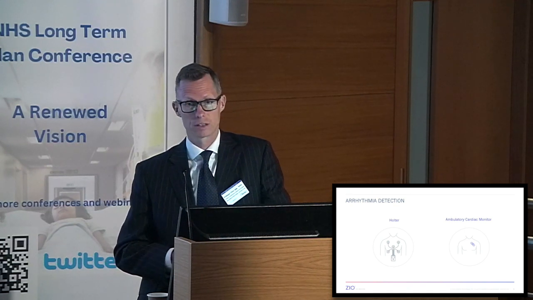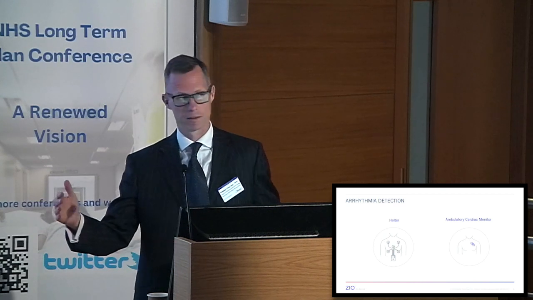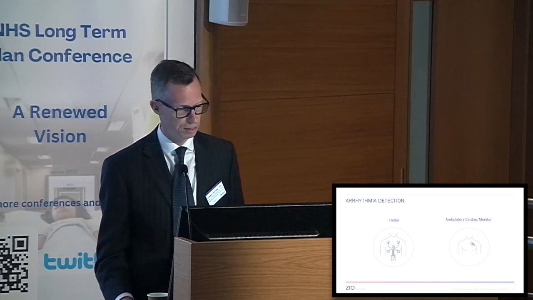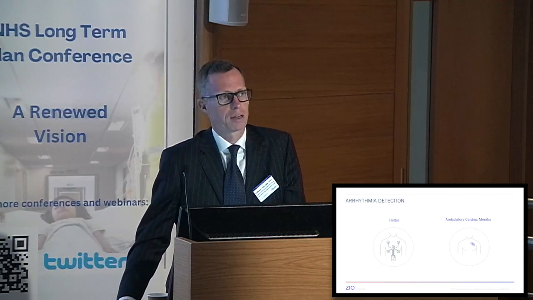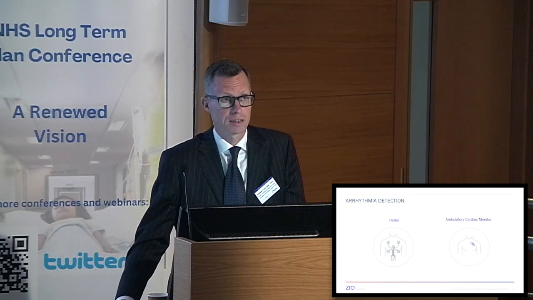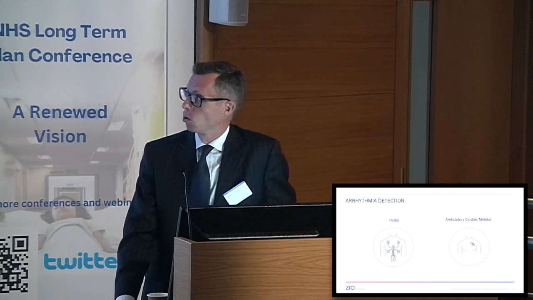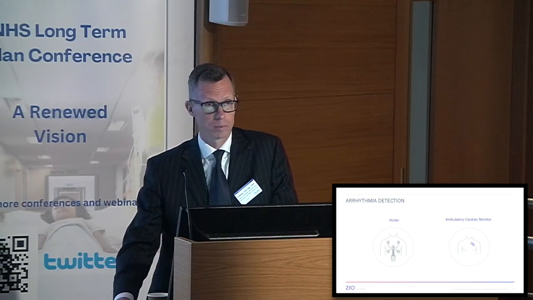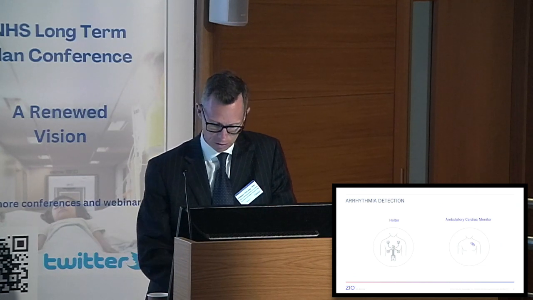Typically, they last for 24 hours. So that's 24 hours in the whole lifespan of a patient where you'll do some detection. Now, I can see already you're thinking that's probably a very short time period, and how effective are they in detecting these arrhythmias? But nowadays there are more sophisticated devices that can monitor for longer periods of time, and I'm going to showcase one of those to you later on.